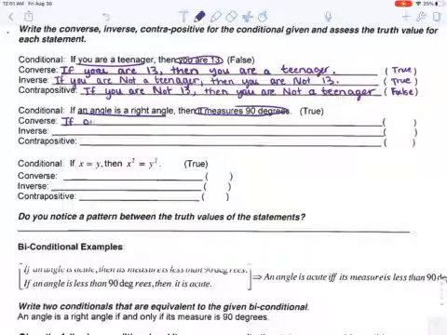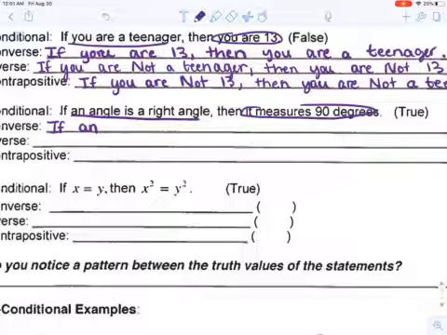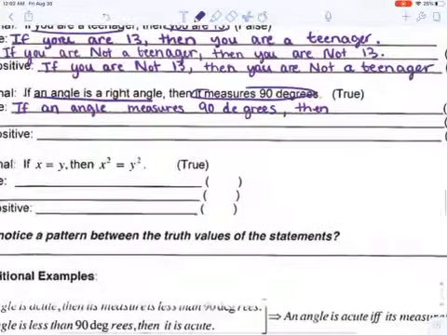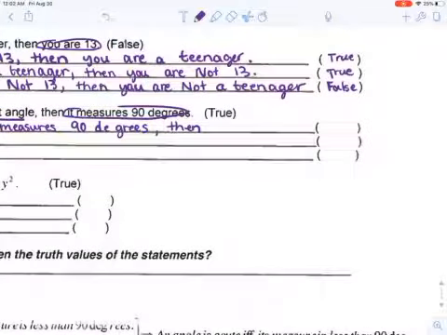So if an angle measures 90 degrees, then it is a right angle. This statement is true. Notice my angle symbol there.